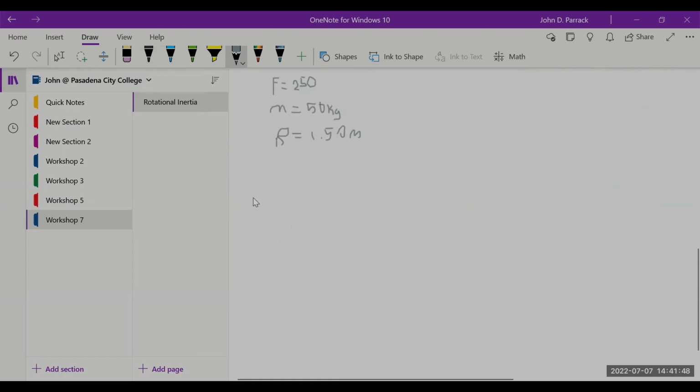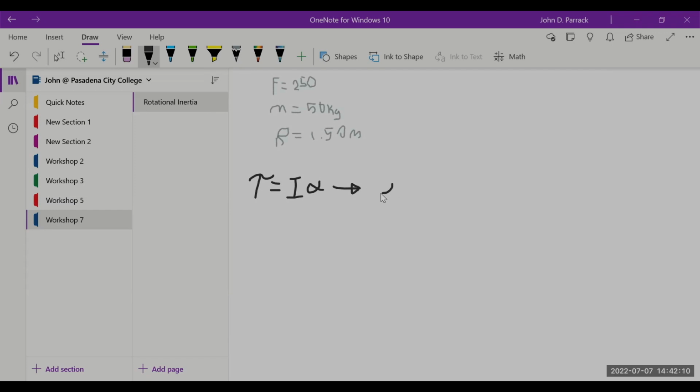So we have our core equation, the equation that is going to relate to the angular acceleration. It says the torque is equal to I alpha. Torque equals I alpha. So what do we want? It says, what is the angular acceleration? We want to solve for alpha.